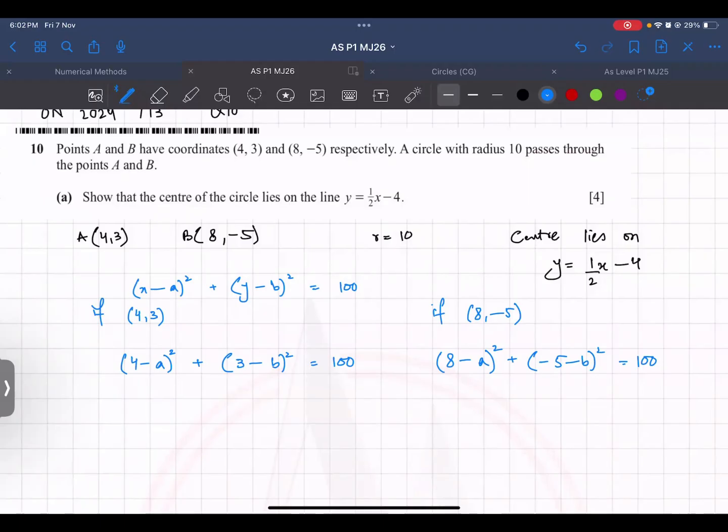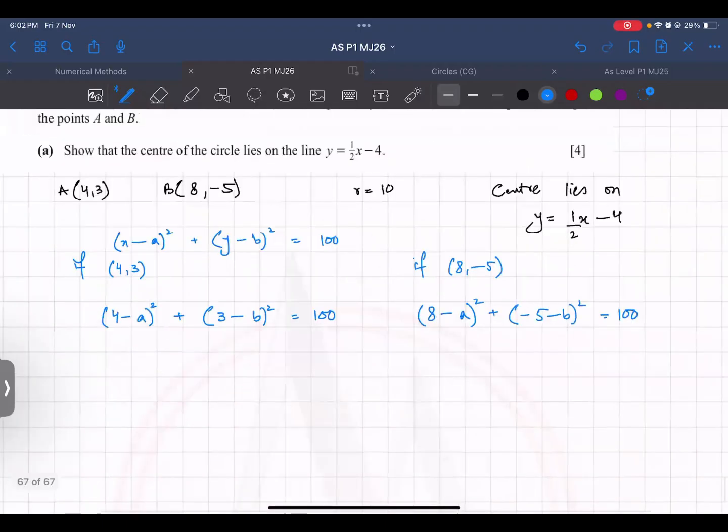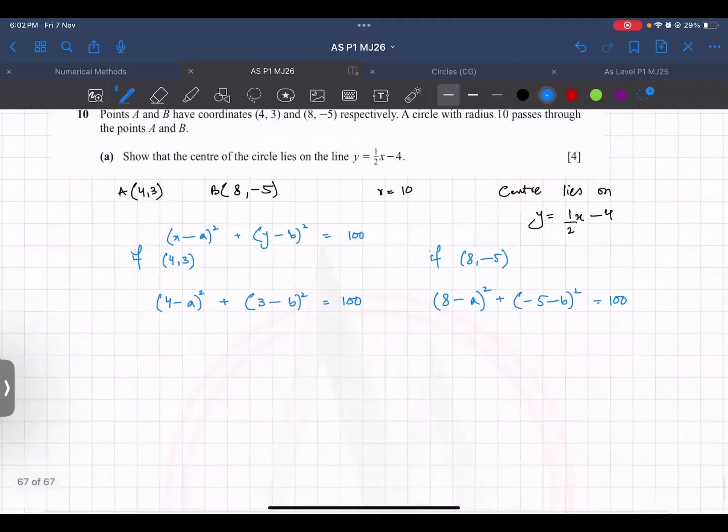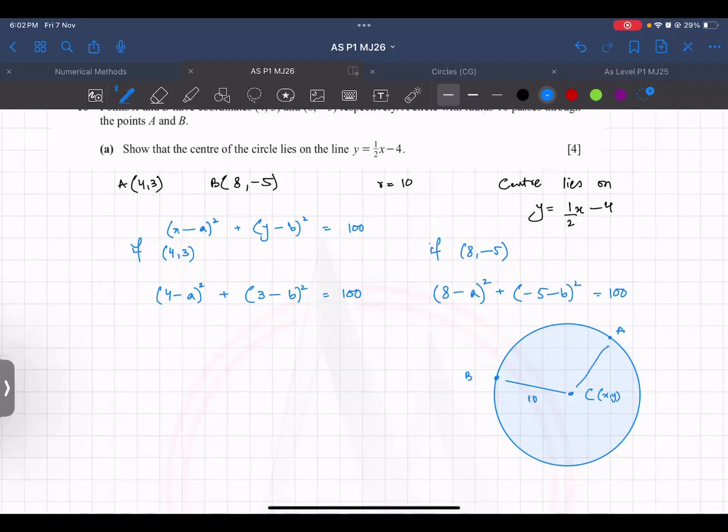The center lies on this line. So there is a circle, with a center we don't know, (x, y), and we have 2 points, A and B. Let's suppose this is A over here, this is B over here. The distance from the center is the radius, which is 10, and this would also be 10.